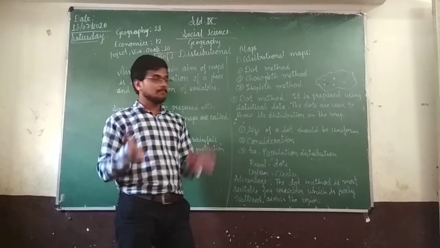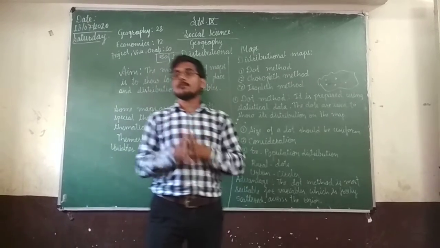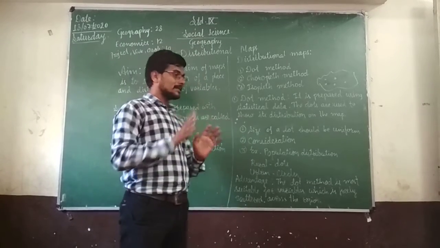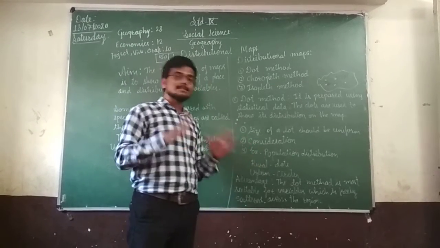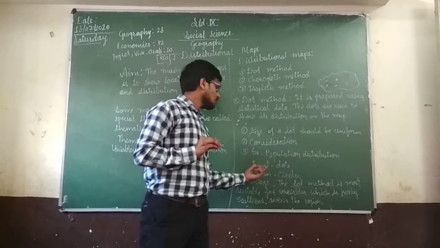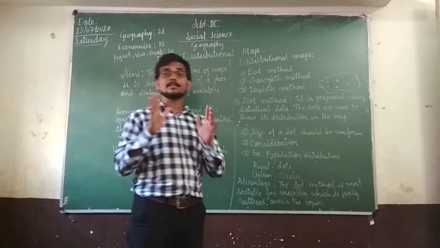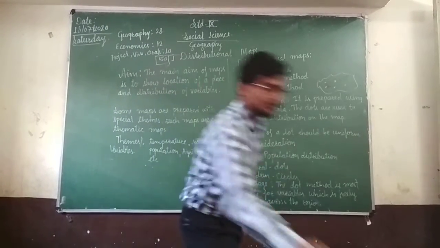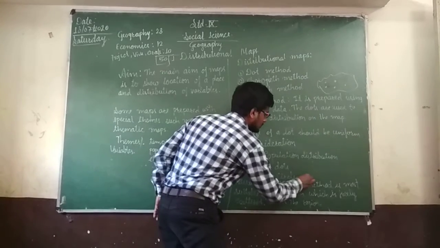As you all know, a lot of population resides in urban areas, while in rural areas the population is very thin, and in urban areas it is very thick, highly dense. That's why we use big circles for urban areas and dots for rural areas.